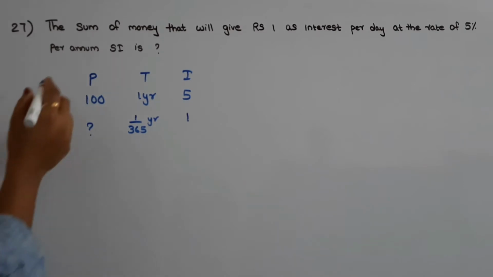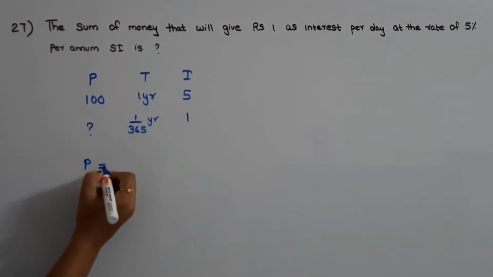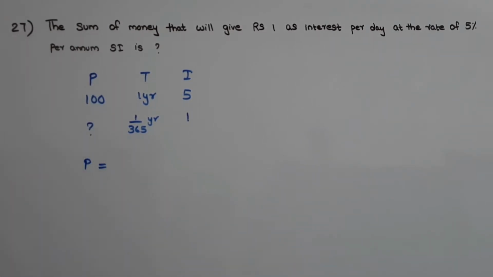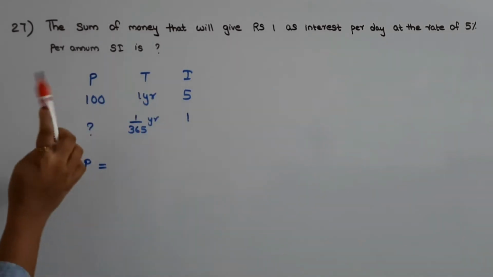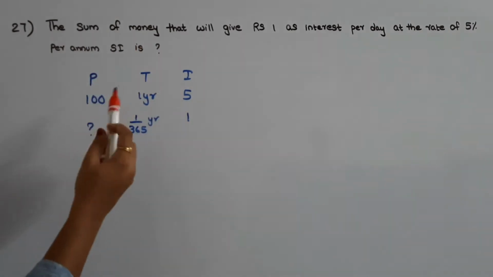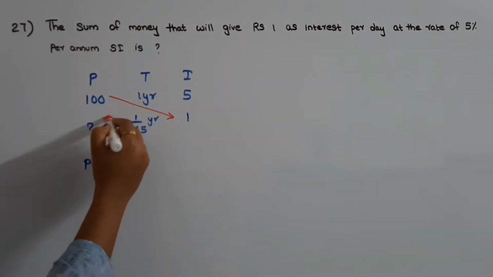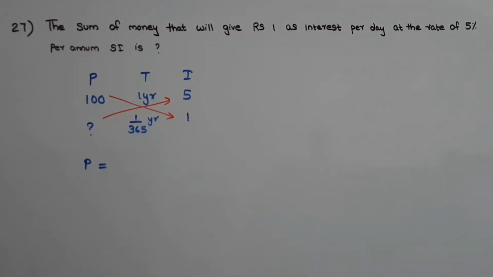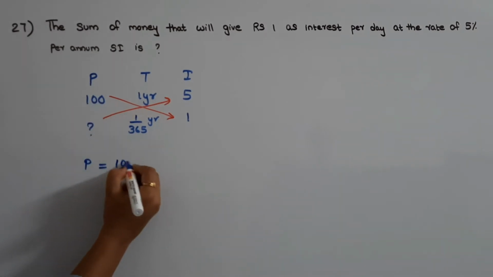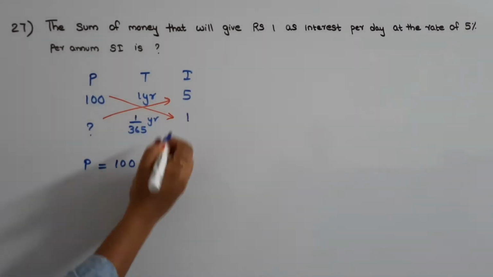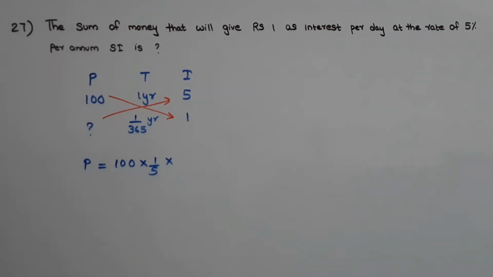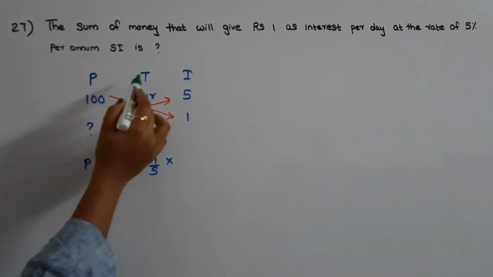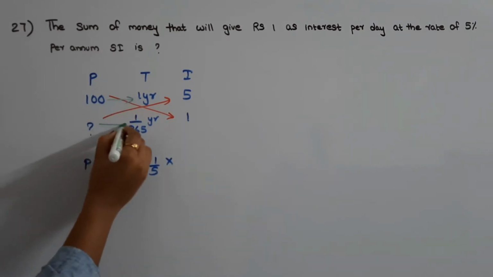So what will be the principal value? Principal value will be equal to this 100 into 1 by 5. That is, between principal and interest we need to do cross multiplication. So that will be equal to 100 into 1 by 5 into, between principal and time period we need to do direct multiplication.